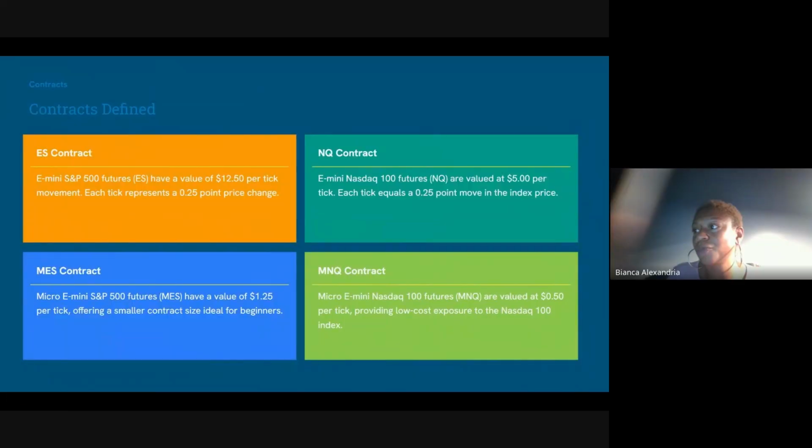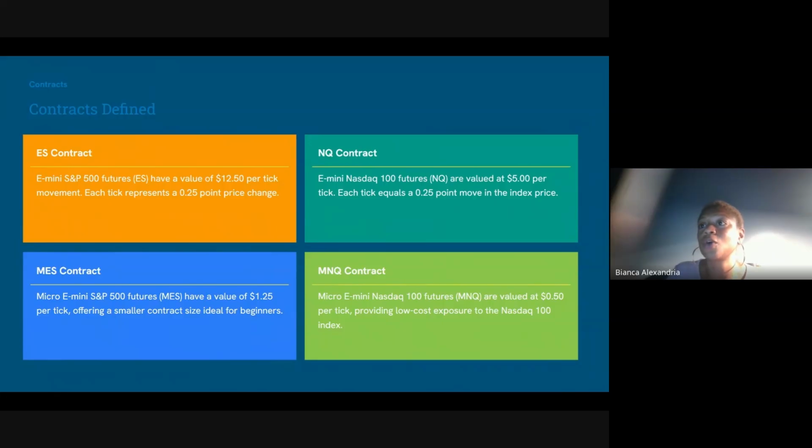Okay. All right. So before, I got it all mixed up. So here for the main, these are the larger ones. These are the minis right here, the NQ and ES. NQ is $12.50 per tick, which means it's $50 per point. NASDAQ is $5 per tick. So it is $20 per point.